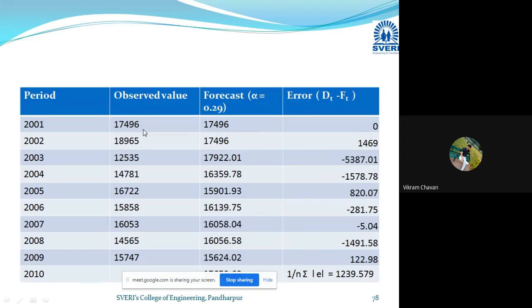Use the formula and tell me your value for the forecasted demand for the year 2002. Okay, two values with us: D suffix t minus 1 and F of t minus 1.